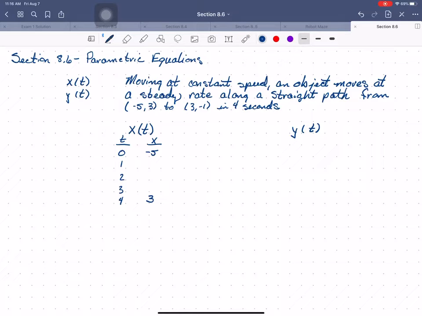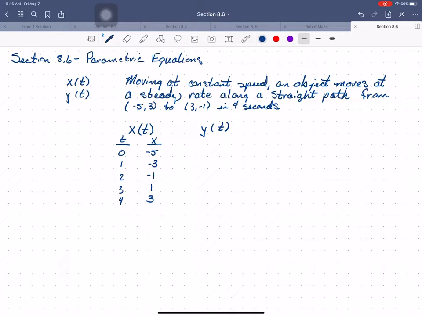move 2. So we can go -5, -3, -1, 1, and sure enough, my 3 works out. So we move 2 meters per second horizontally. Now I can do the same thing with y.